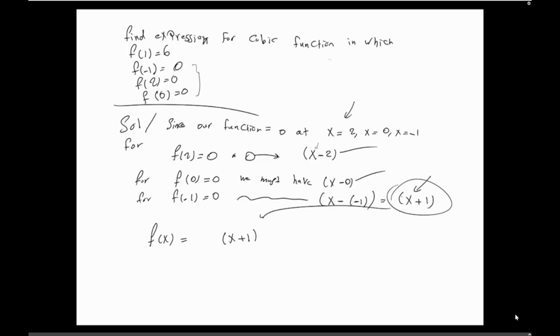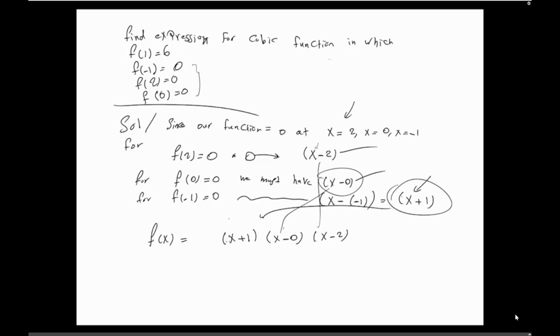We're going to write it over here, and then we're going to write this one, multiplied by x minus 0, and the last value x minus 2. So we have all of these values in our function. If this one is 0, then the whole function is 0. If this one is 0, then the whole function is 0. And if this one is 0, then the whole function is 0.